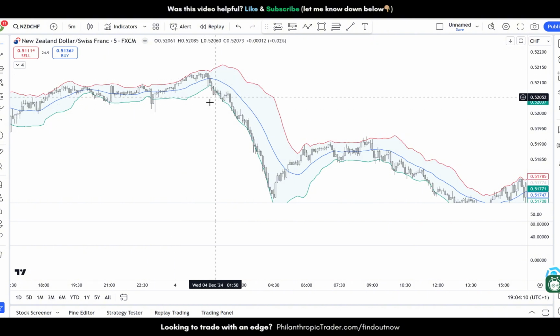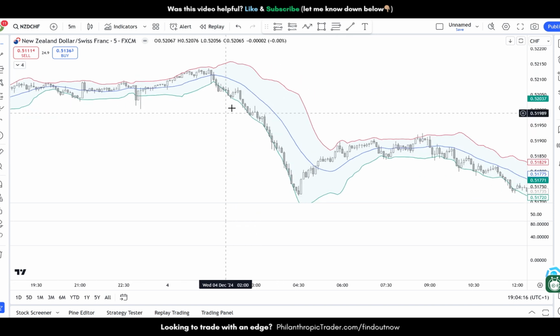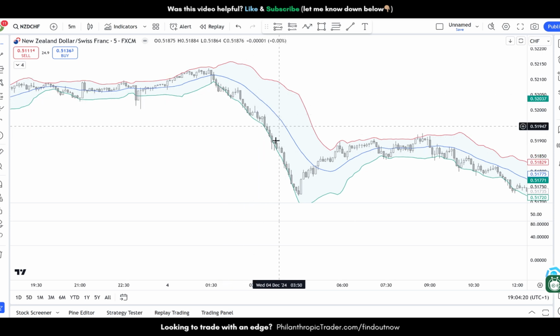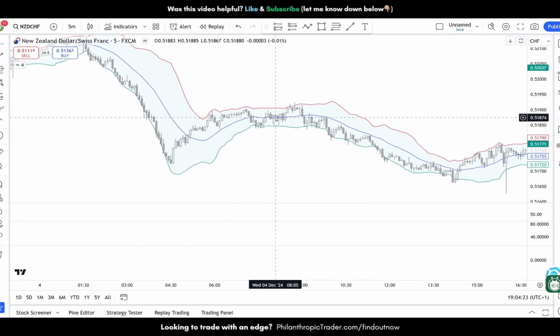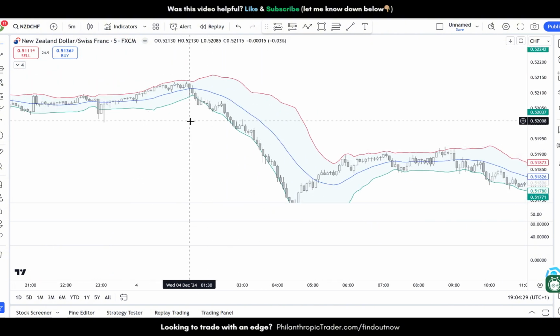But if a trend starts to appear, for example over here we see that the bands become wider, and over here we have a really wide band if you compare it to this part, right? So it's really easy to identify a trend.